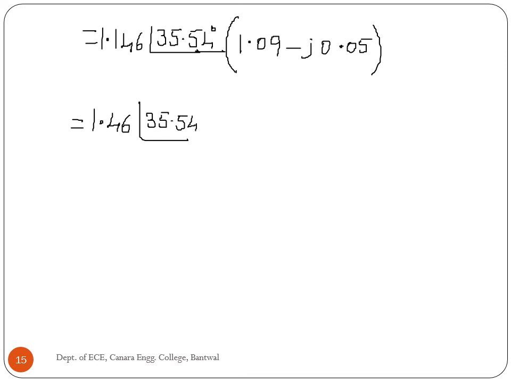Now convert the 1.09 minus j0.05 to the polar form. We will get 1.09 angle minus 2.6 degree.